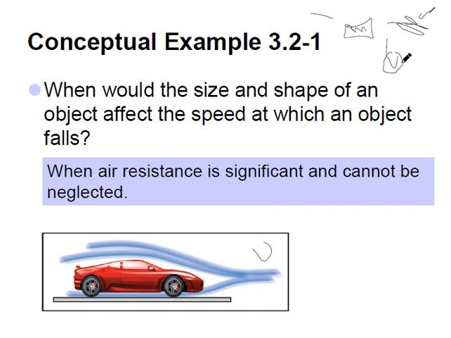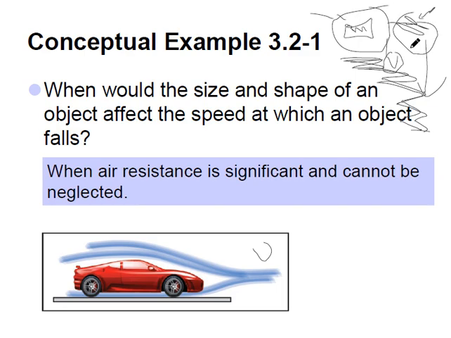It's going to affect the speed when you have significant air resistance. If you have significant air resistance, the size and the shape of any object whose motion you're analyzing is going to be affected, especially its speed, the speed of that object falling under gravity. And you can never neglect that air resistance.